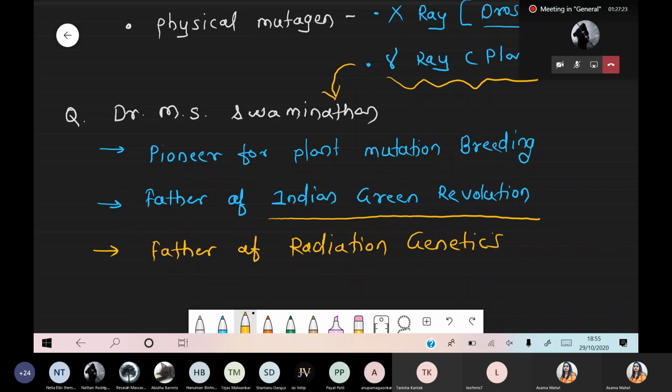Yes or no? To explain this experiment, we are taking a simple example with respect to a wheat variety, Lerma Rosa 64A. Should I continue? Okay.